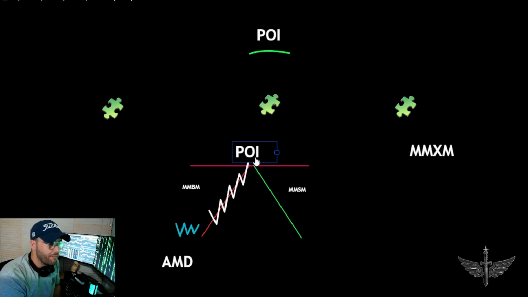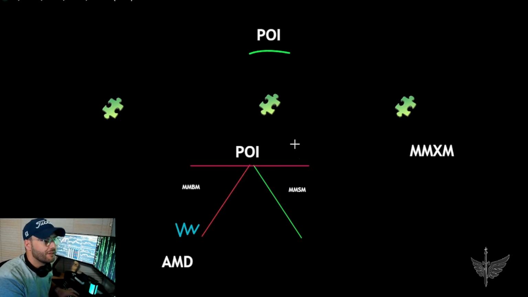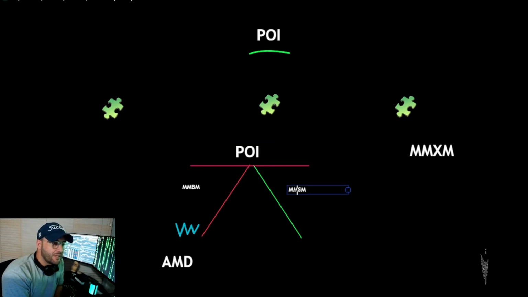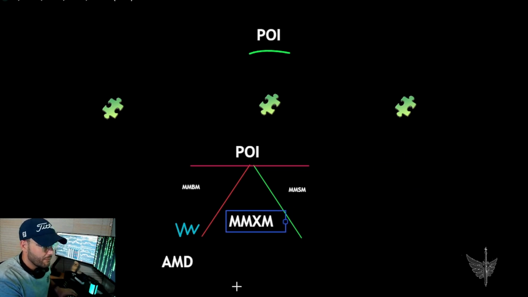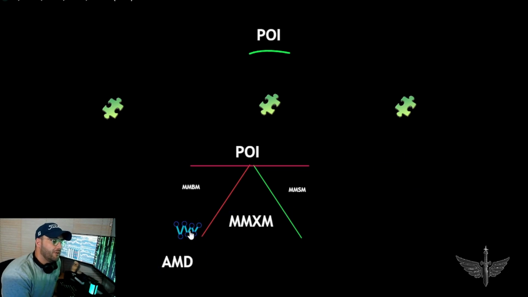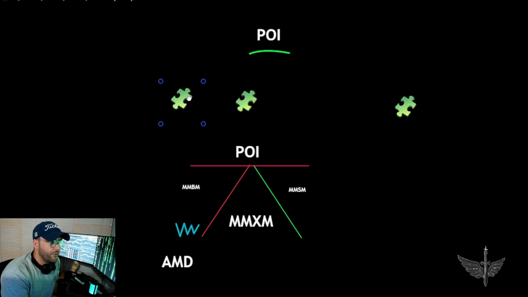Once the higher time frame POI gets reached, we'll get into the next pieces of how to capitalize on or identify what is going to happen when it reverses. But we've got a beautiful accumulation, manipulation, and distribution. Market maker buy model, market maker sell model into a POI. All three of these puzzle pieces fitting perfectly together.